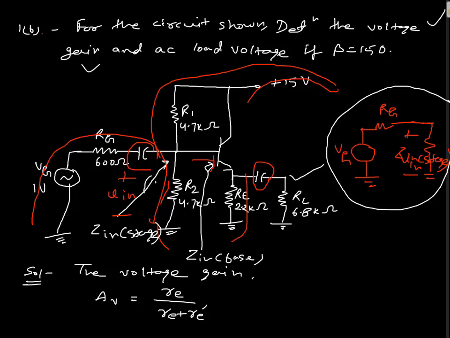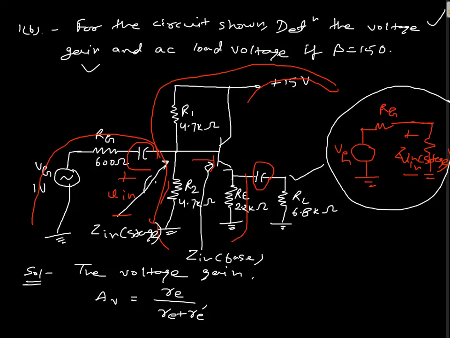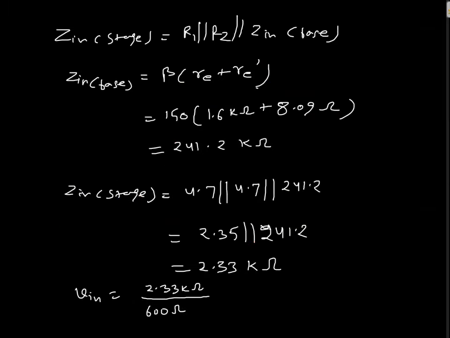So putting all these values, the first value is Z in stage, which is 2.33 kilo ohm, divided by Rg, 600 ohm, plus Z in stage, 2.33 kilo ohm, and this will be multiplied by Vg, which is 1 volt.